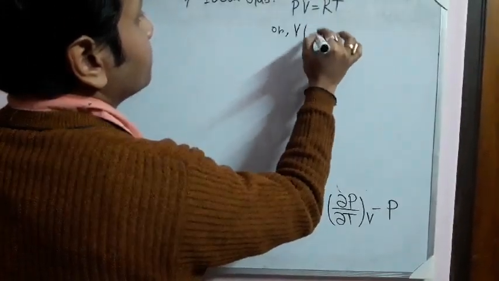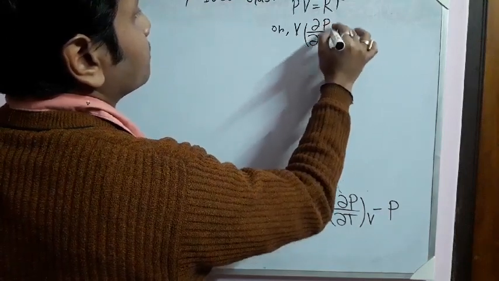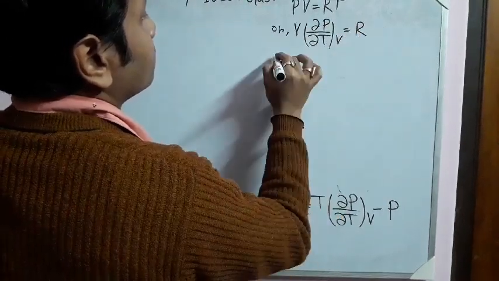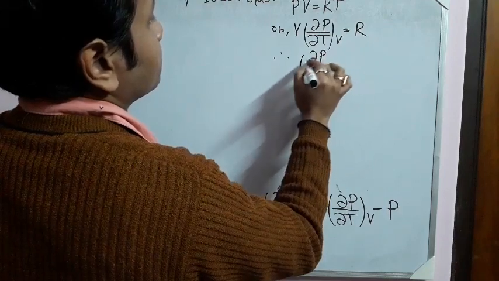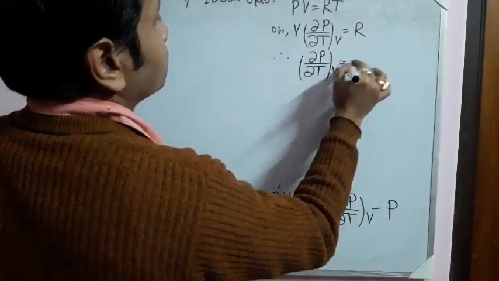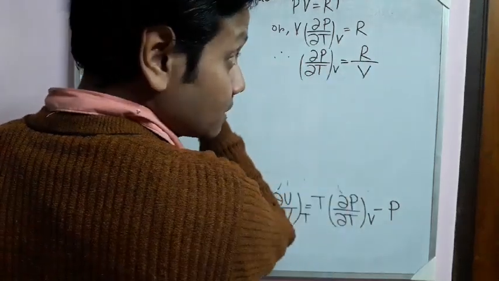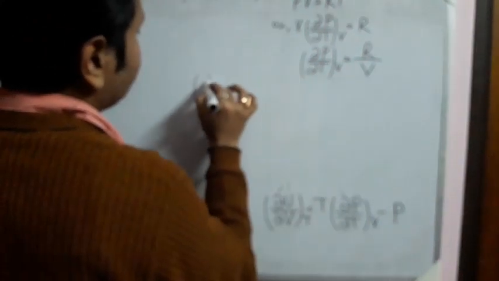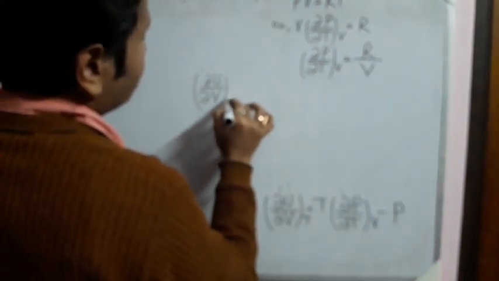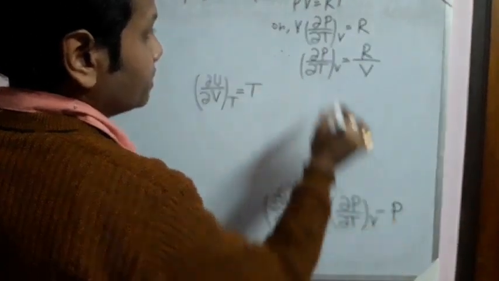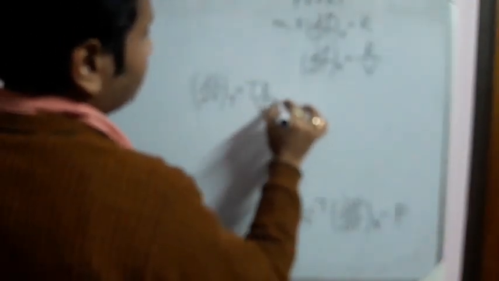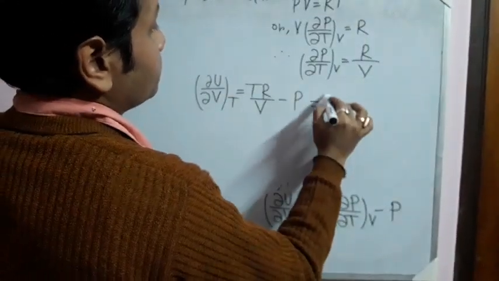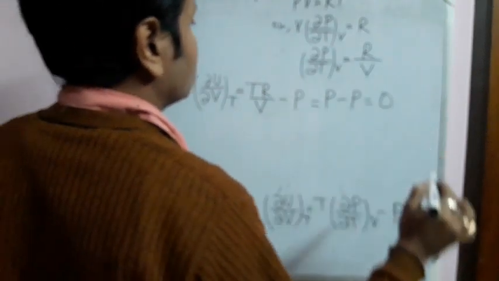If we differentiate this expression with respect to T, keeping volume constant, we get R. So (del P/del T) at constant volume equals R by V. Substituting this value, (del U/del V) at constant temperature equals T into R by V minus P. RT by V means P, so P minus P will be 0.